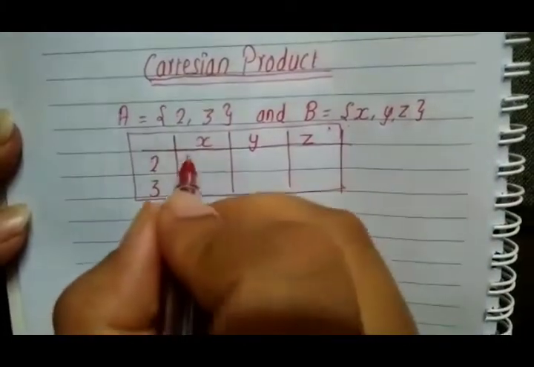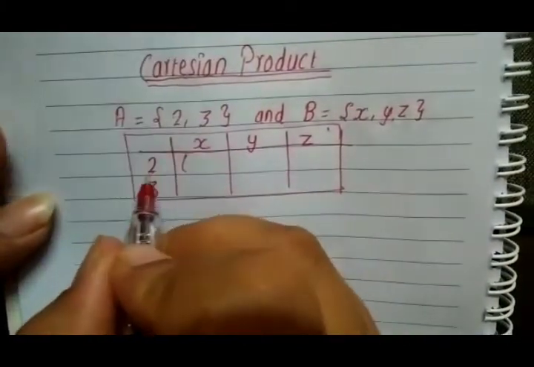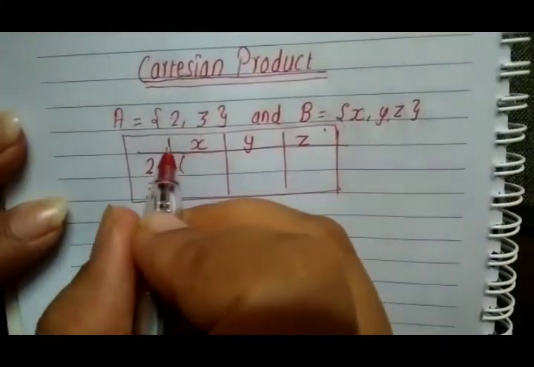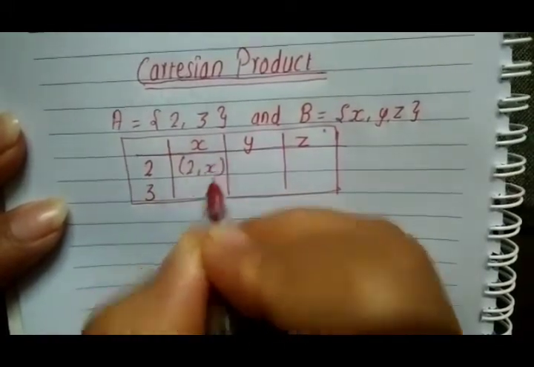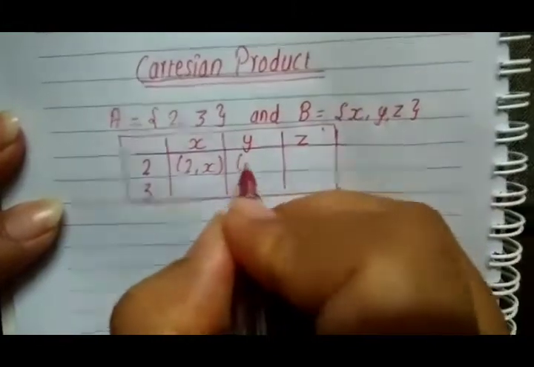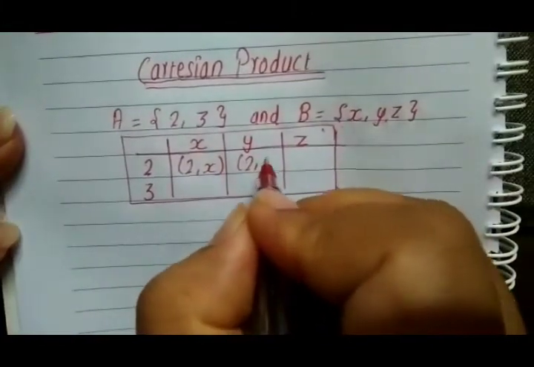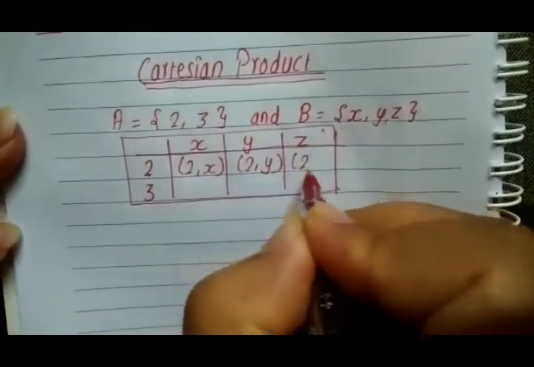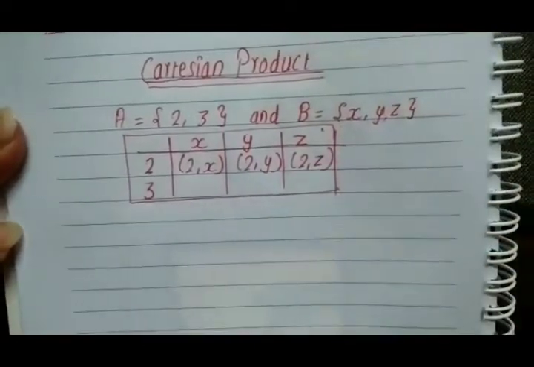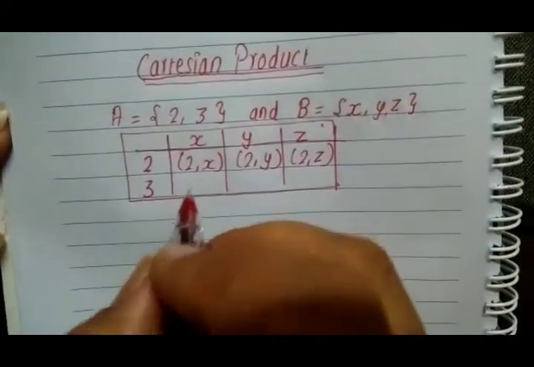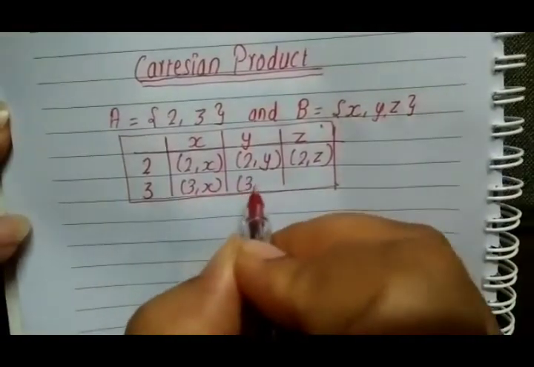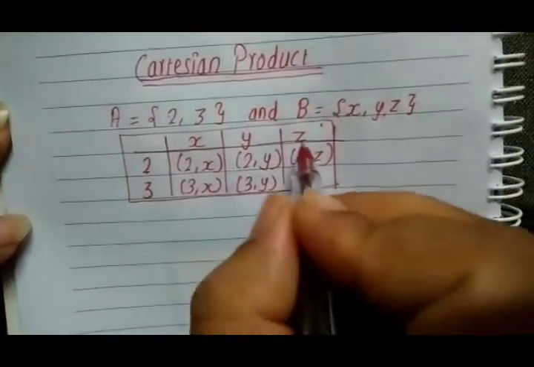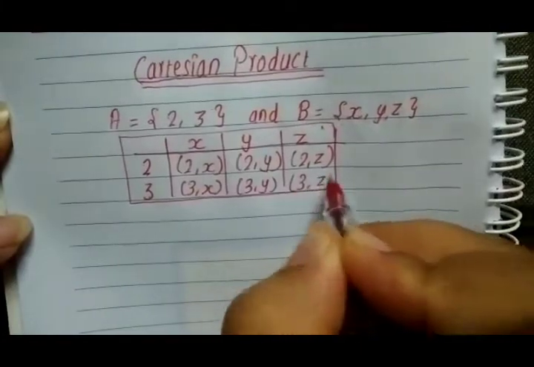Now what we'll do is, our two element is there first here. This is A cross B, that's why 2 comma x. Likewise this will be 2 comma y, and this will be 2 comma z. Likewise the others will be 3 comma x, 3 comma y, and 3 comma z.